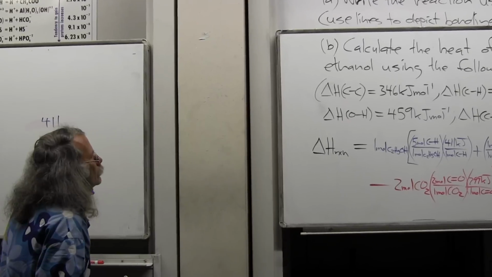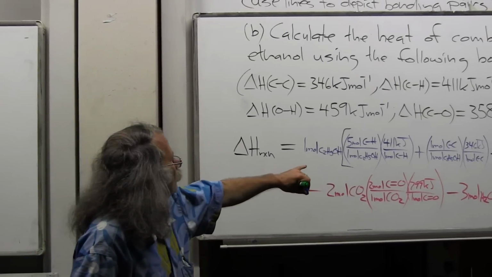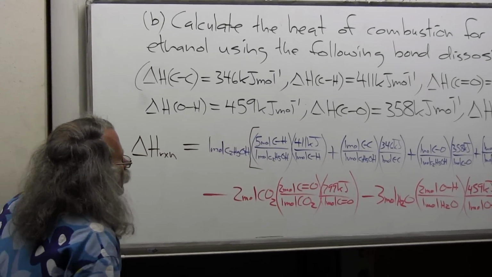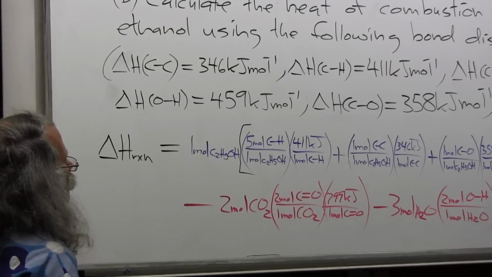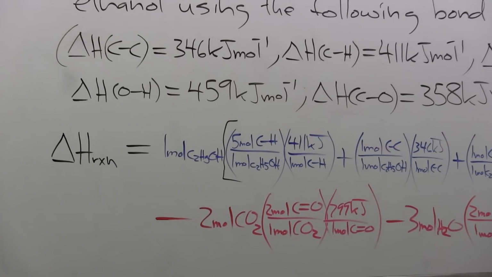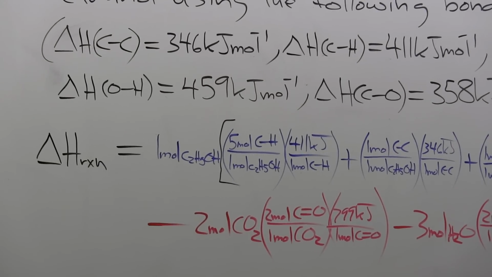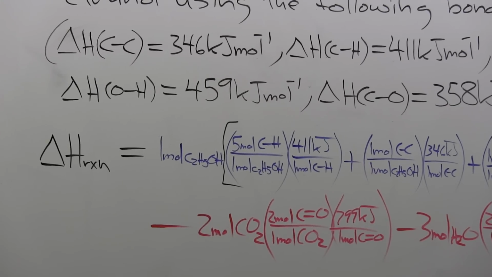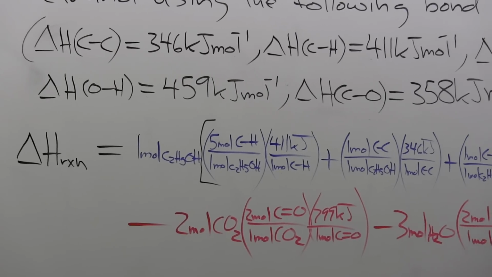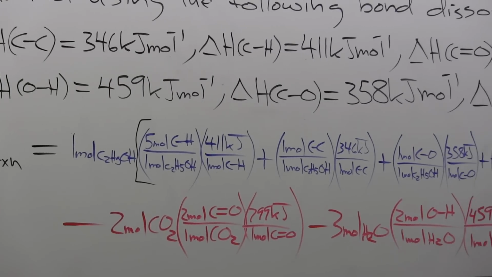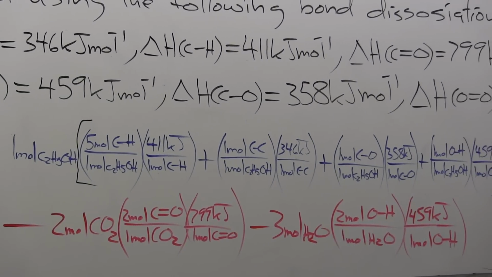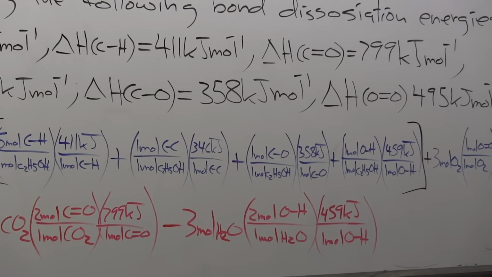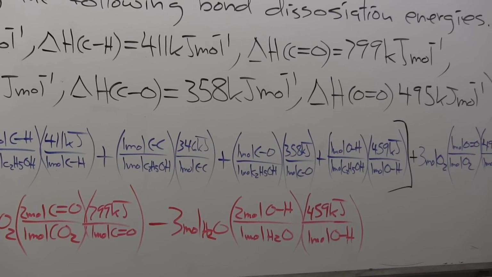I've got plus 346. Okay. So I've got 2055 plus 346 plus 358 plus 459.